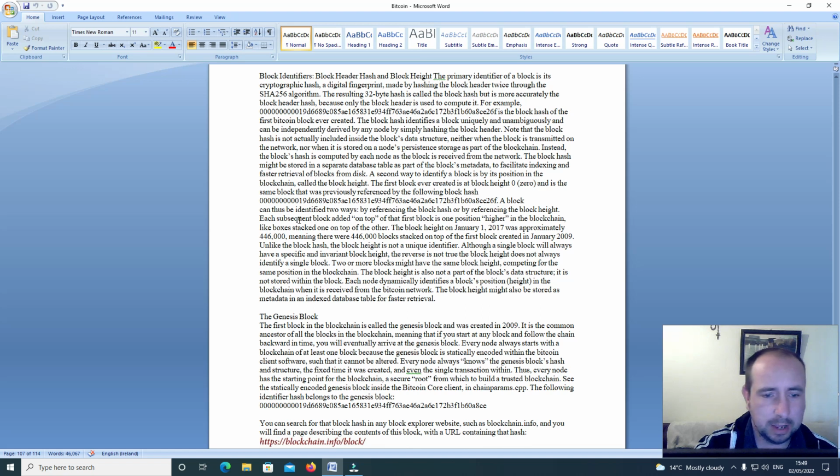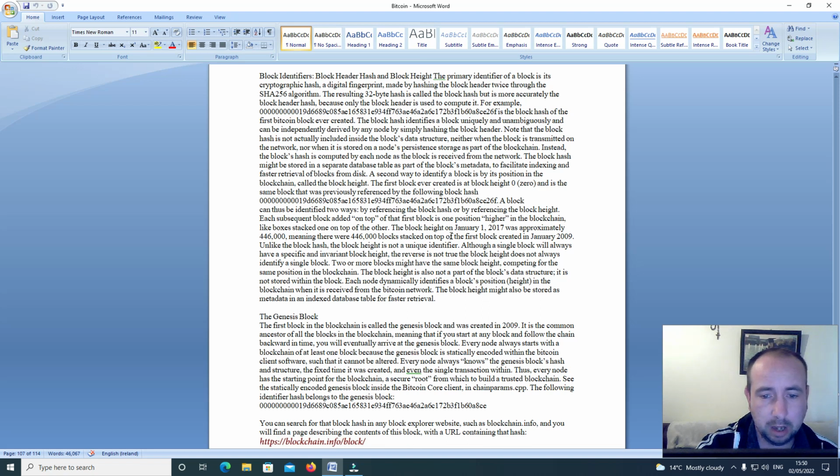A block can thus be identified two ways: by referencing a block hash or by referencing the block height. Each subsequent block added on top of that first block is one position higher in the blockchain, like boxes stacked one on top of the other.